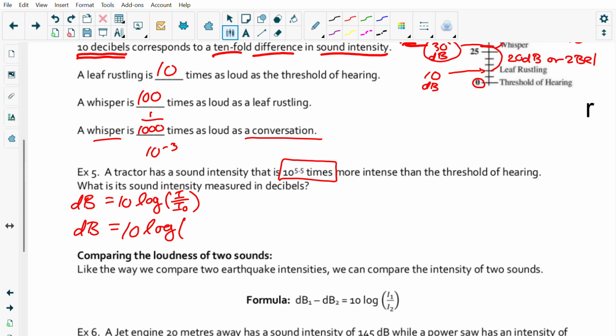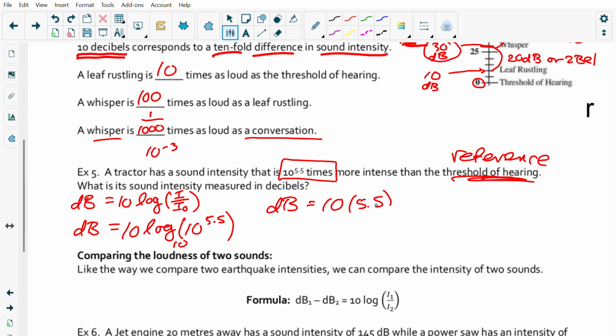So that's my I divided by I naught value, which is 10 to the 5.5. Okay, because we're comparing it to the reference. This is our reference level of intensity, barely discernible, right? Okay, think about this as having a base 10. So that equals 10 times, well, that's 5.5 if we convert this part to exponential form. So that's 55 decibels.